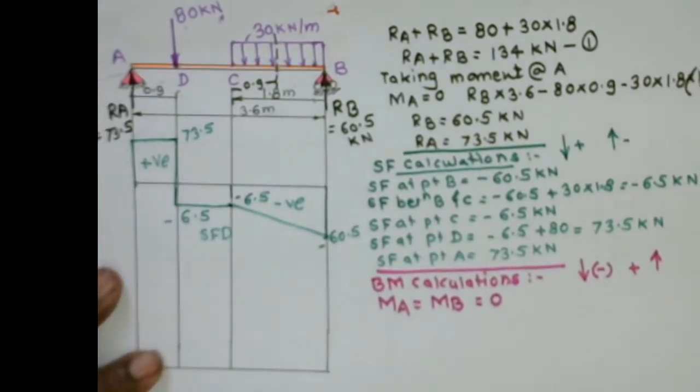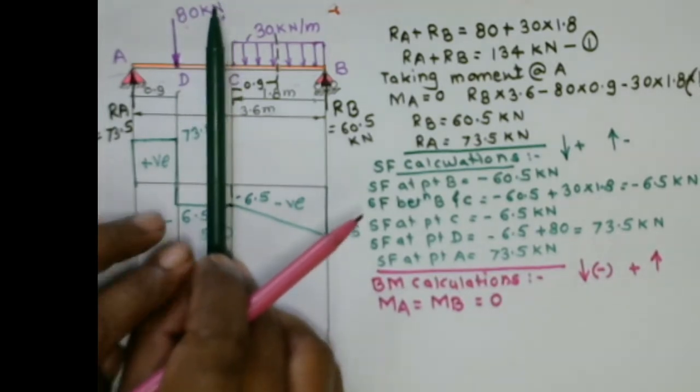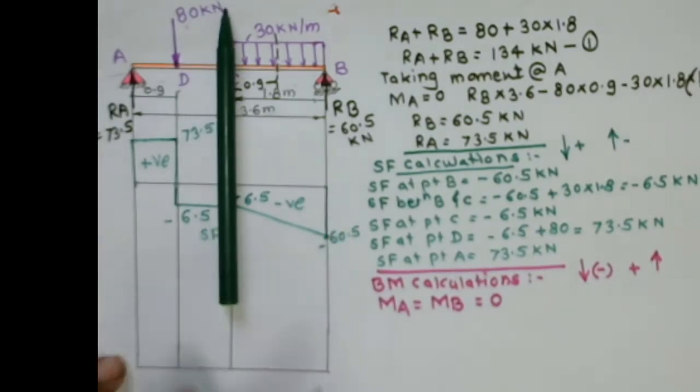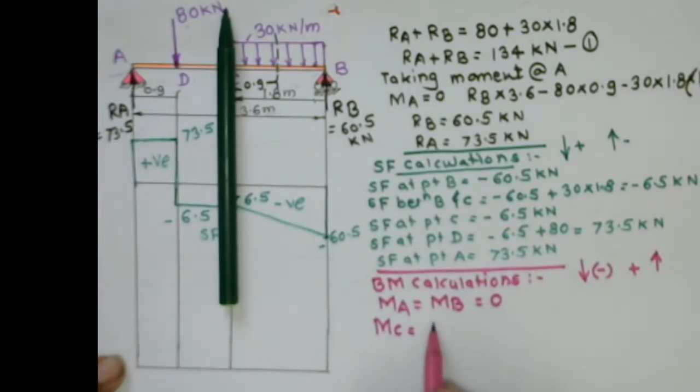Now come to the points. Next, the moment at point C. We have to take the moment at point C, so we are considering the section. At point C, bending moment at point C, we are getting RB and UDL. RB is acting in the upward side, so positive.